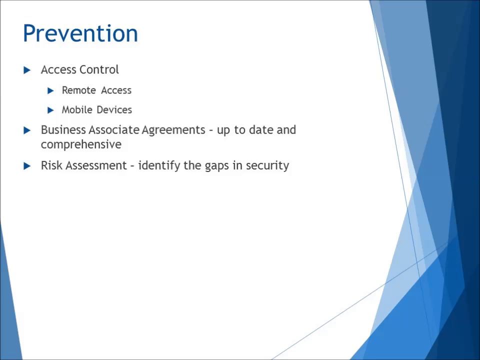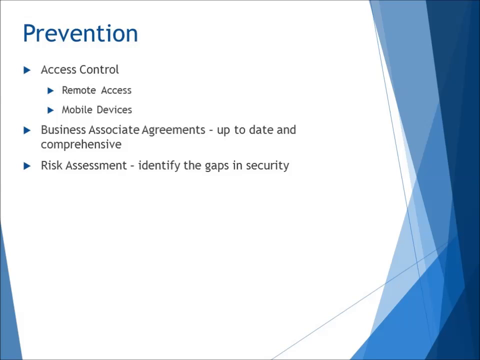Doing an asset inventory, knowing where your protected health information is stored and created, and making sure you're mitigating as many risks as you can down to the lowest probability. Business associate agreements, so important to ensure that you know what your business associates are doing to protect the information that you're giving them to do the work for you.